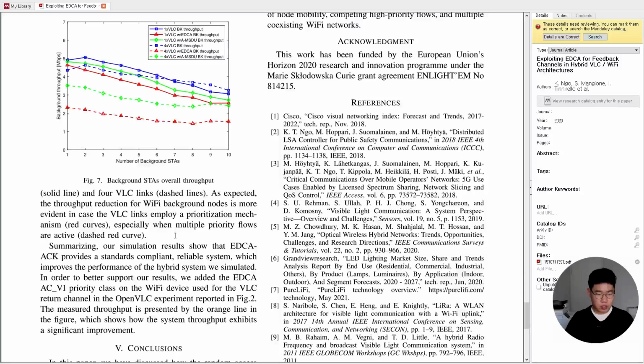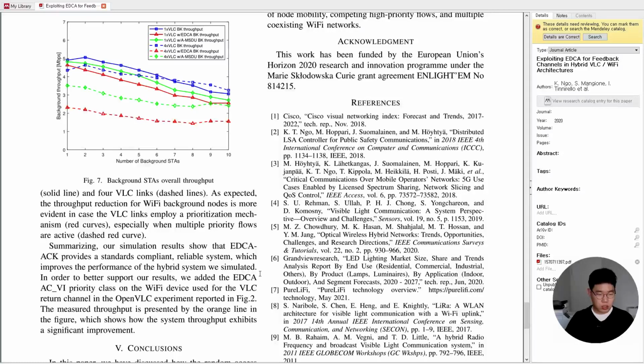Summarizing, our simulation results show that EDCA provides standard-compliant, reliable support, which improves the performance of the hybrid system we simulated. In order to better support our result, we added the EDCA AC_VI priority class on the Wi-Fi devices used by the VLC return channel in the open VLC experiment reported in Figure 2.